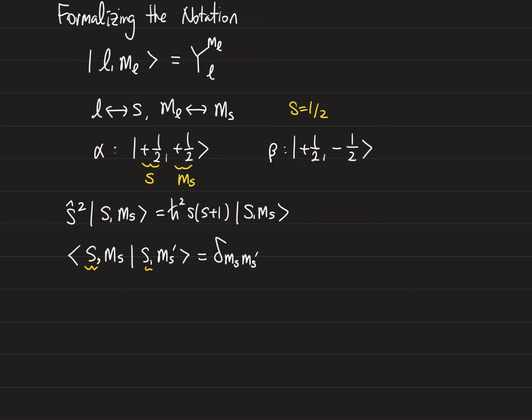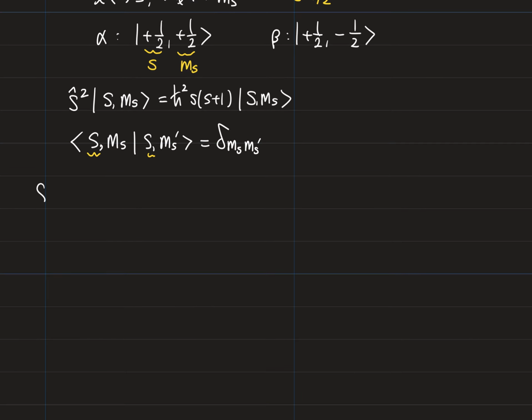Okay, and let's talk about spin orbitals. So now we arrive at a critical concept for the rest of the course, the spin orbital. Up until now, our wave function psi(r, theta, phi) only told us where the electron was, its position.